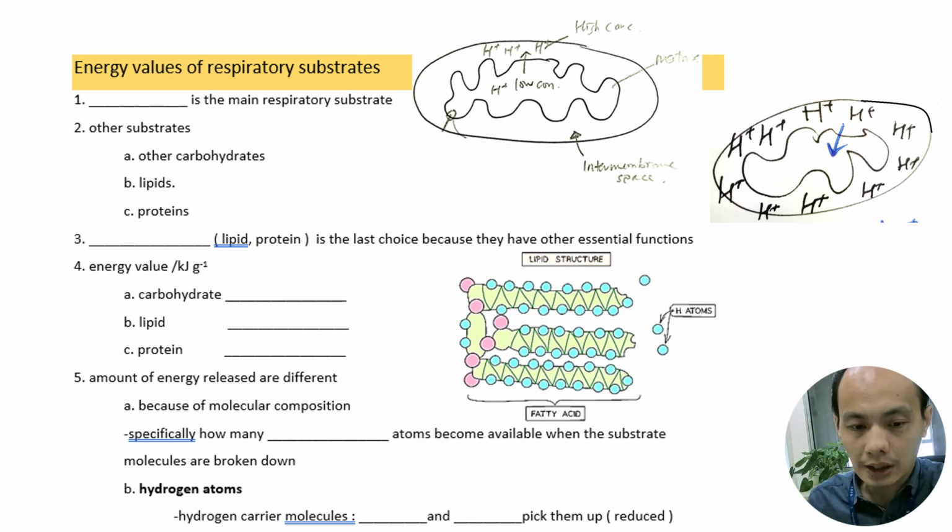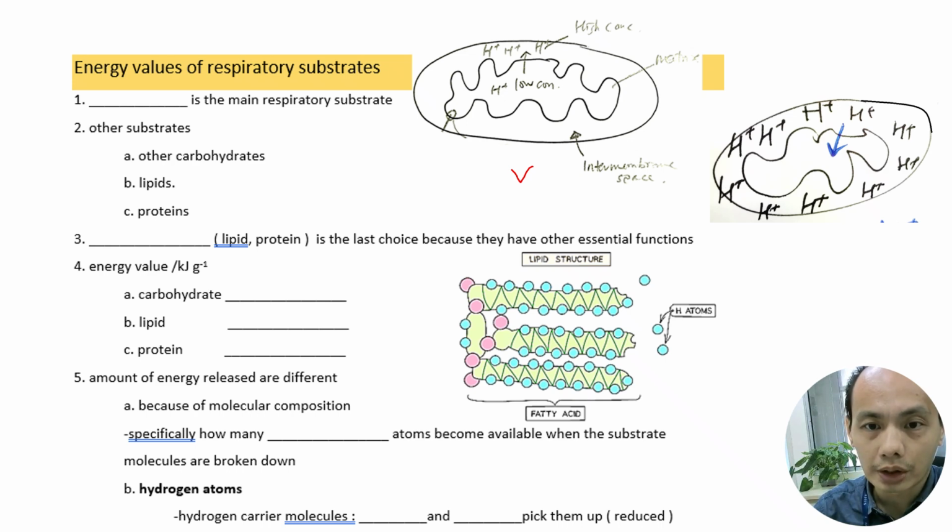Actually, before we discuss the whole story of anaerobic respiration, the more important thing is we look at this final picture. This is a mitochondrion. Now you look at the first picture, this one. This is the final picture, the final process.